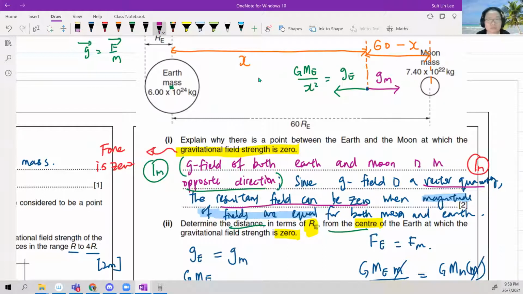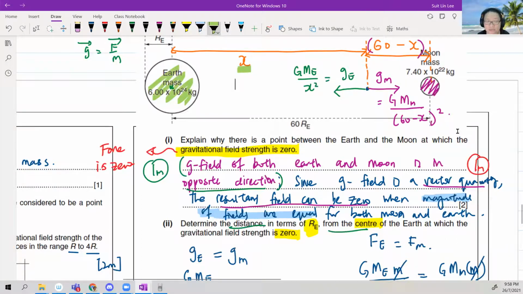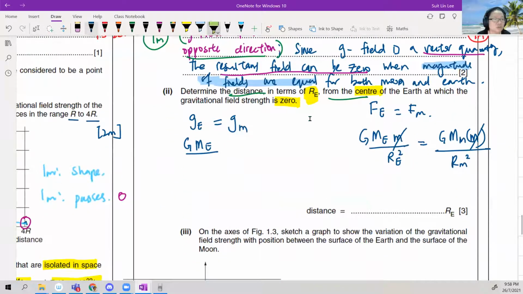And the Moon, this one will be G mass of the Moon over 60 minus X squared. We take this mass and then it's this distance. We take this mass and then it's this distance. So this will be G ME over X squared equals G mass of the Moon over 60 minus X, whole thing squared. G and G, take away.